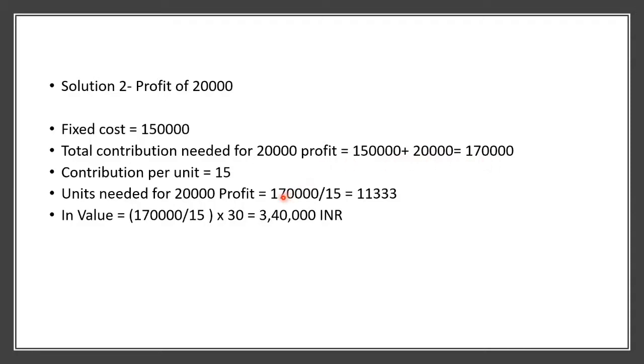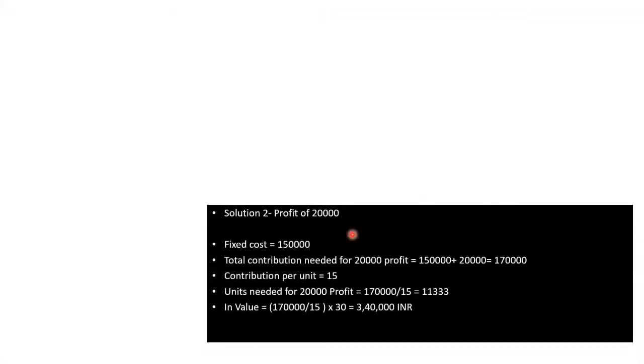And for 1,70,000, if somebody has asked for the sales unit volume, we will give them the volume. But if they are asking for value, then we give them the value, right? 1,70,000 divided by 15 into 30, we get 3,40,000 as the sales needed to be achieved in order to make profit of 20,000.